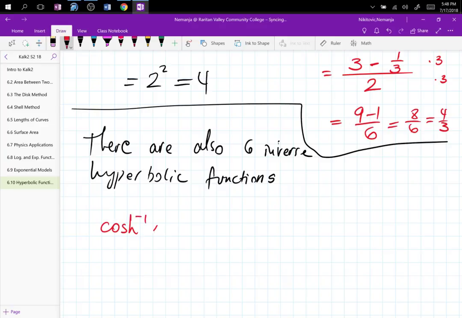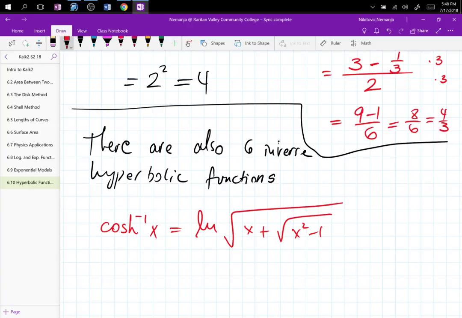Cosine hyperbolic inverse, that's the notation for the inverse, with the -1, is equal to the ln of x plus the square root of x squared minus 1, for all x bigger than 1.